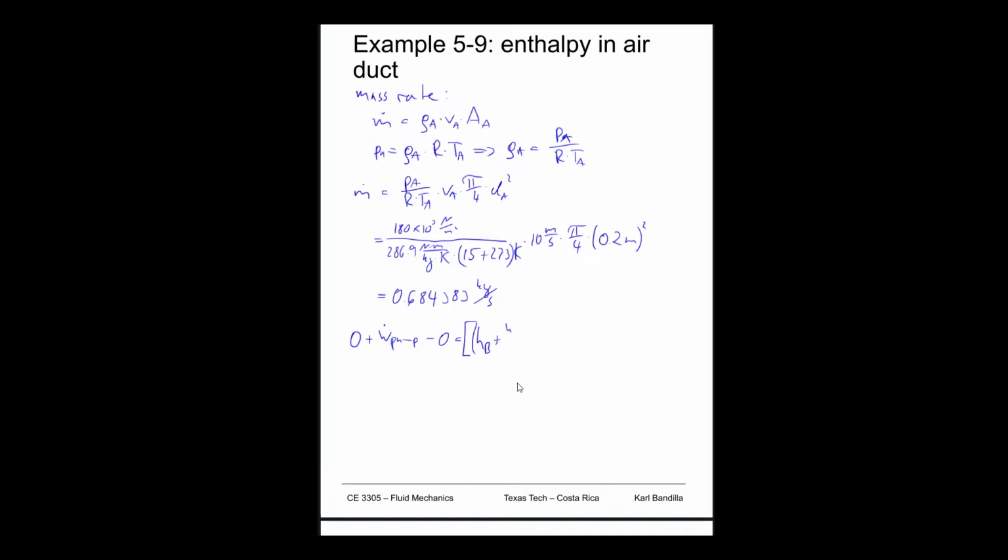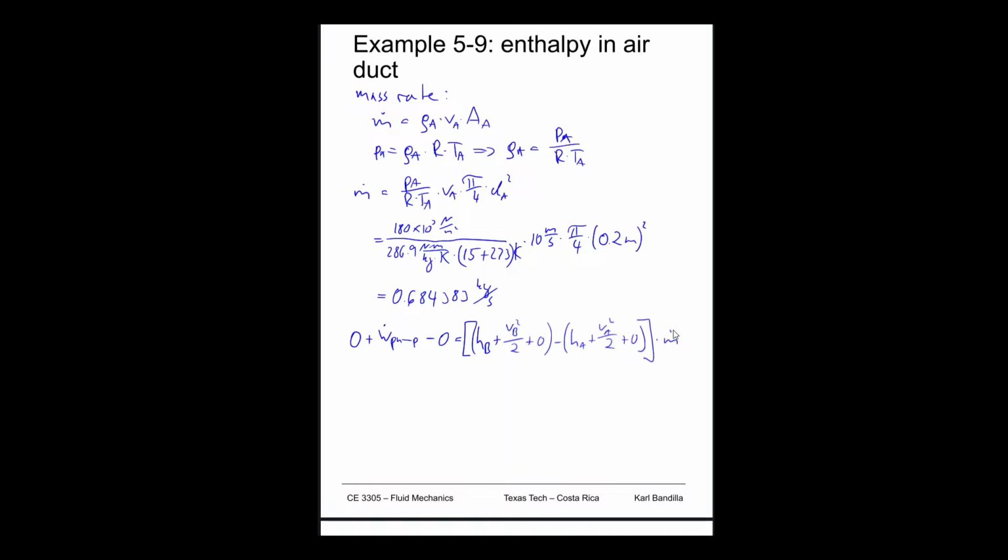That's the enthalpy at B. Plus VB squared over 2, no elevation, minus HA plus VA squared over 2, and again, no elevation, all of that times m dot.